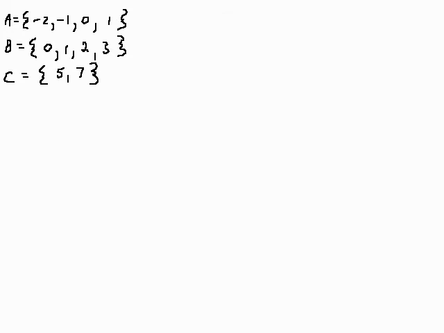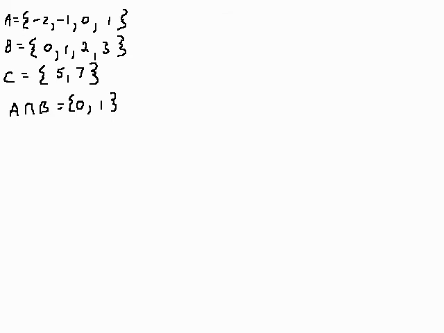We'll go through and make sure we understand our symbolism. What if I asked you, what is A intersect B? Well, you'd have to know what A and B have in common. If you look up there, 0 and 1 would be the set of numbers they have in common.